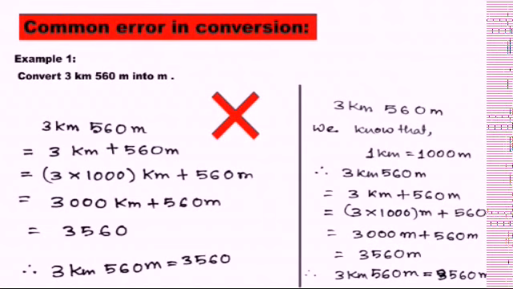Here I have given one example, and I have shown you the common errors we are finding when we are going through your copies. See, in the first example I have written the sum incorrectly, and in the second example I have written the proper one. You have to tell me in the comment section why the first one is wrong.